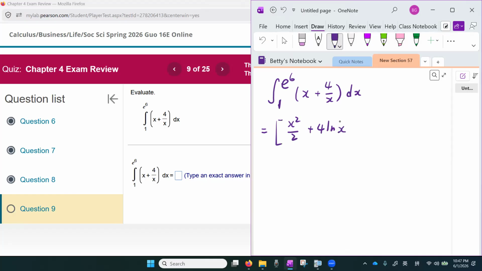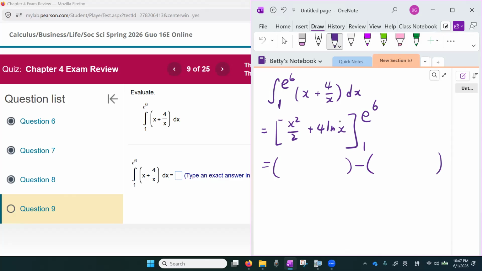Okay? Double check. The derivative of x squared over 2 is x. The derivative of 4 ln x is 4 over x. So here's e to the power 6, here's 1, parentheses minus parentheses.